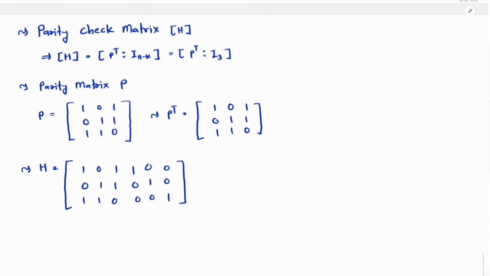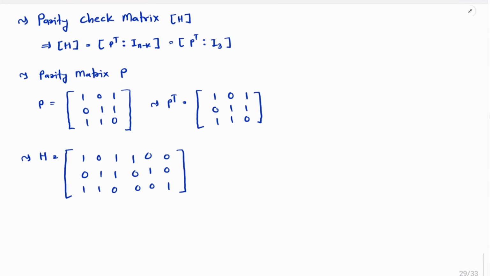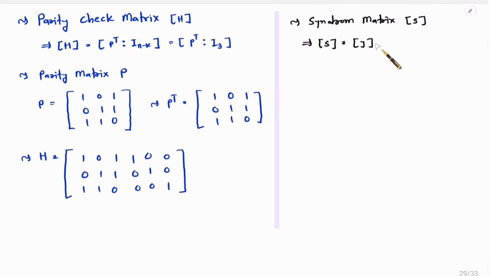So now I'll explain the syndrome matrix. This syndrome matrix we use to identify error. One should know, this syndrome matrix S is the multiplication of the received matrix with H transpose. So received matrix into H transpose will be the syndrome matrix.